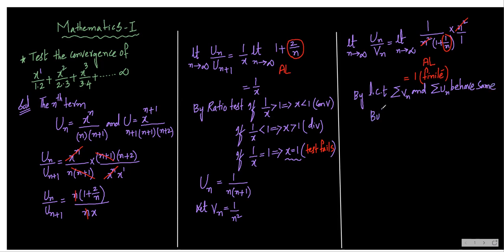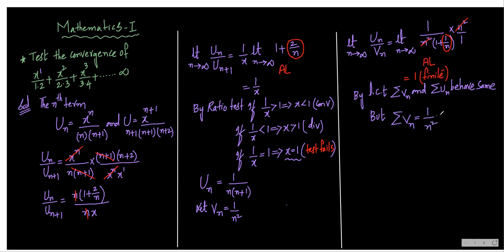But summation vn, what is summation vn here? Summation vn is equals to 1 by n square.